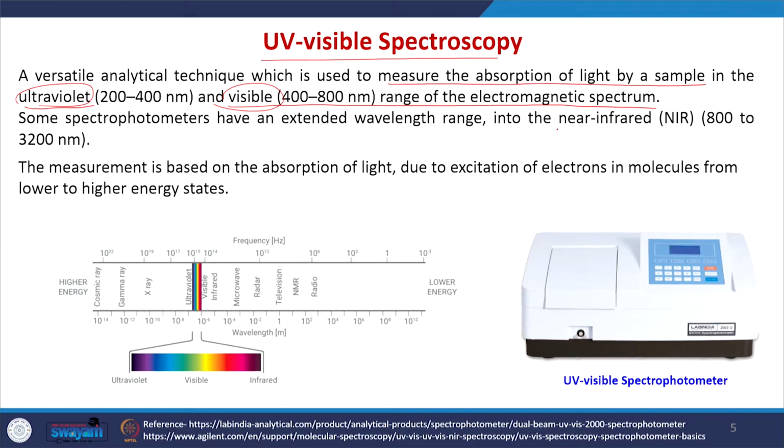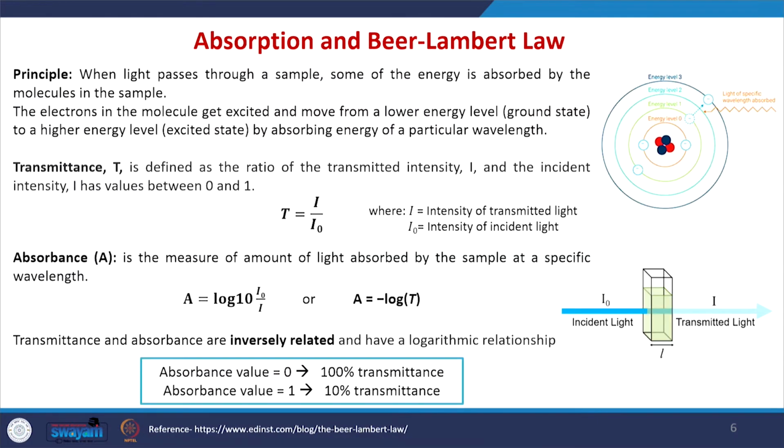It can measure even in the near infrared range, that is from 800 to 3200 nanometer. And the measurement is based on the absorption of light due to excitation of electrons in molecules from lower to higher energy states.